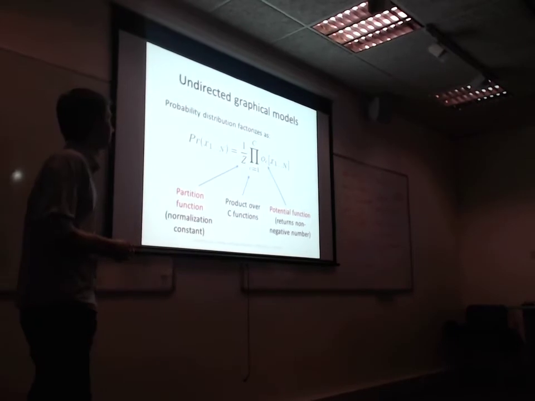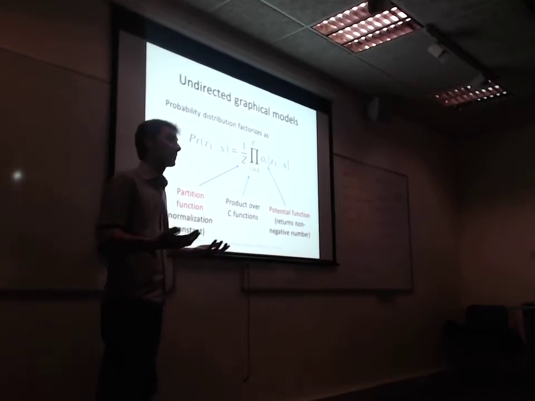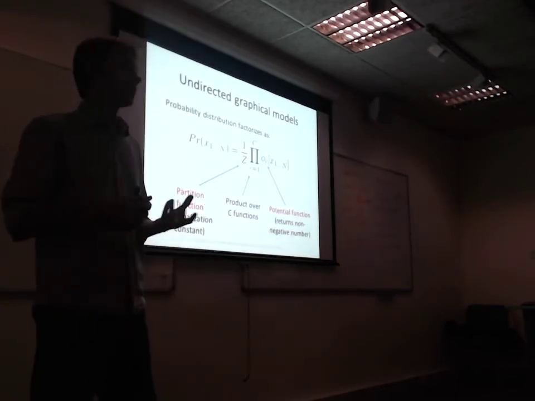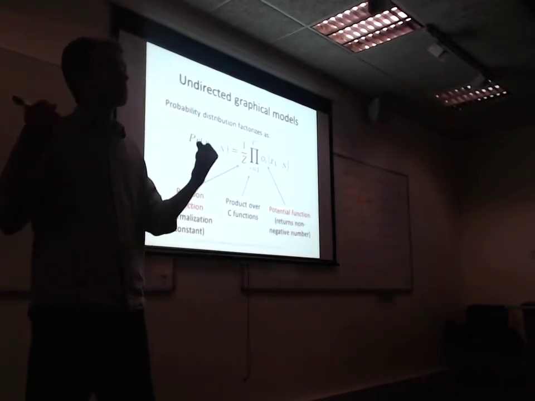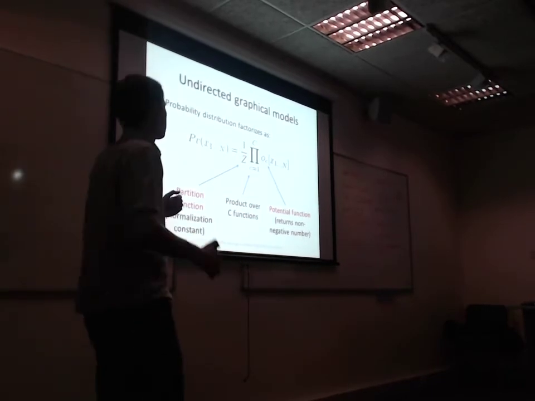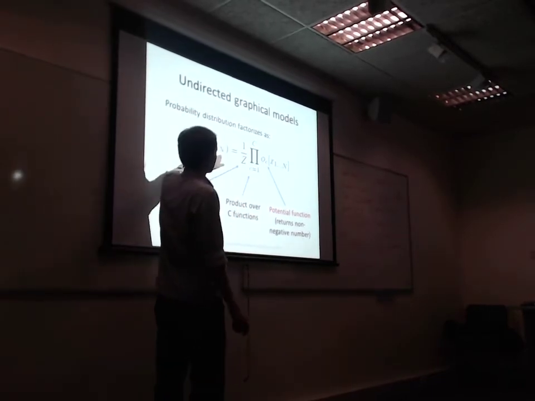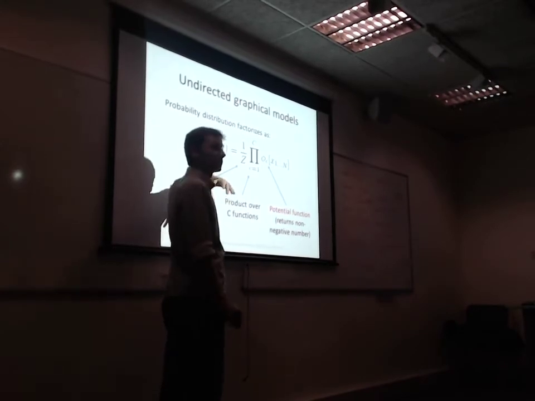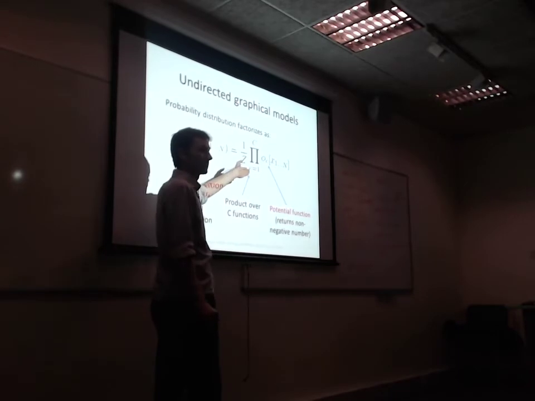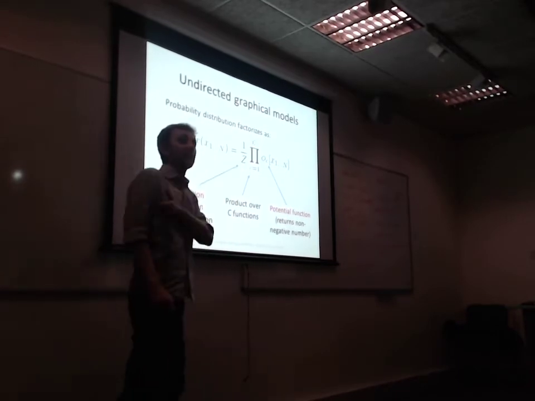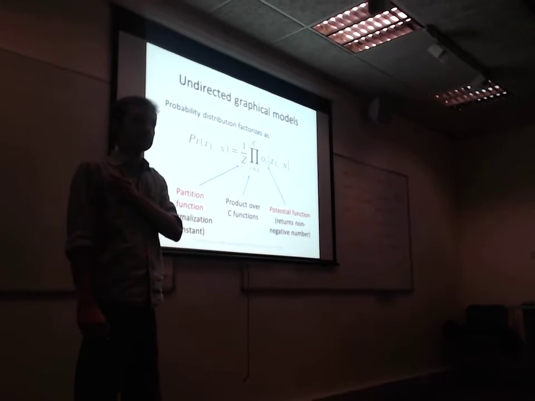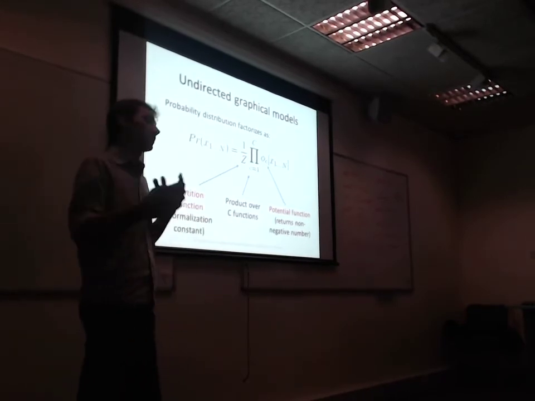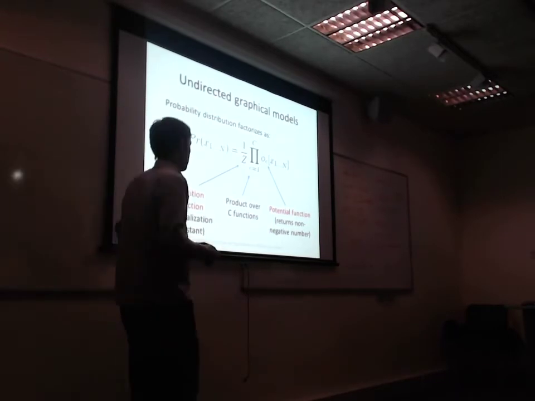Now, remember, we're still dealing with the same problem that we might have multiple world states or multiple pixels or things about the world that we want to measure, and we want to compute the joint probability over all of those random variables at the same time. We don't want to assume that they're all completely independent. We don't want to assume they're all completely dependent, because that gets us into trouble with too many parameters. We want to model which ones are dependent on which.